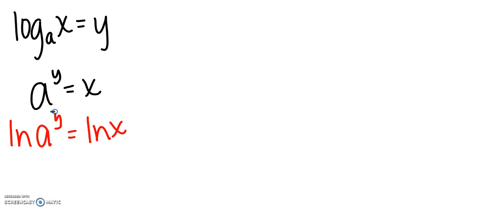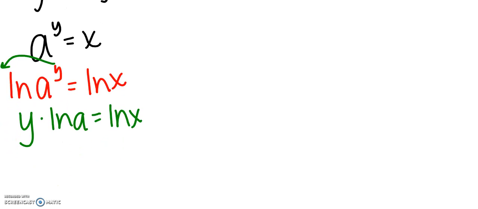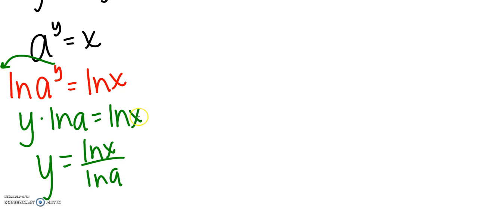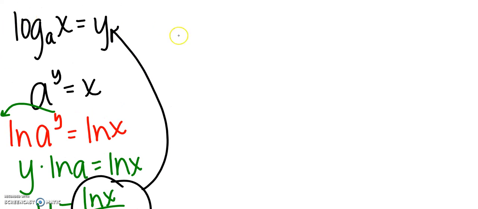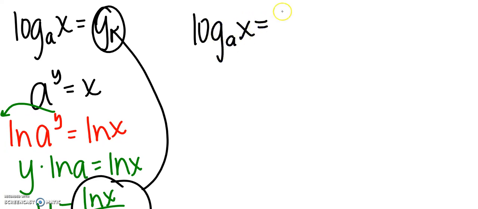Then I can use log properties. Then I can use division. So what ended as y could be replaced up here. And so I get log base a of x is equal to my new y.